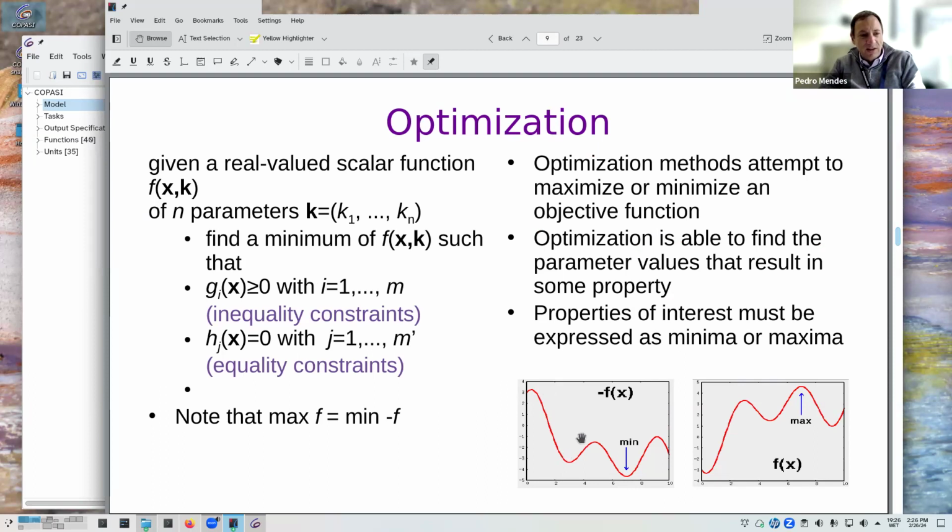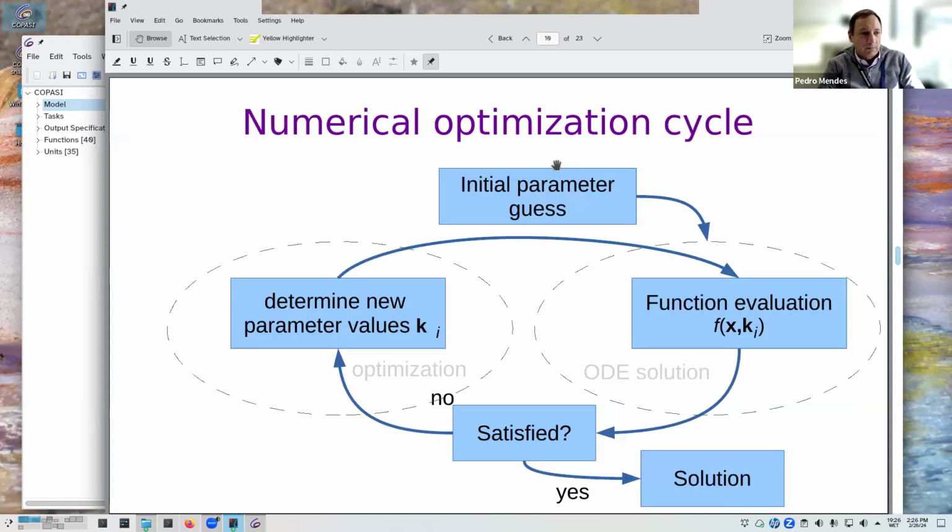Now, if a function is like this, which is very possibly the case because the measured data has inherent error, we don't want to end up in this place. We want to end up there because that's a much better fit than this one. So ideally, we would like to have a global minimum. And maybe we will see an example where sometimes you don't get the global minimum.